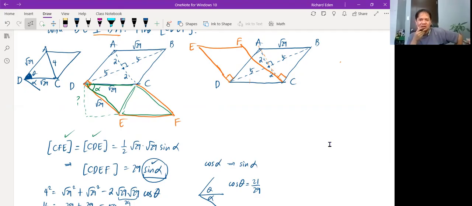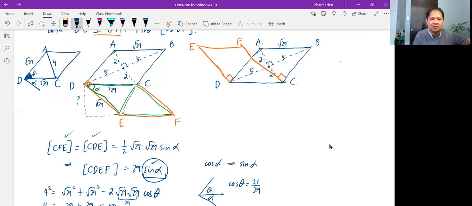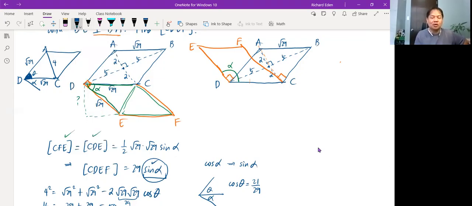So let's use the following labels. The alpha angle that we used is this one, for rhombus CDEF, the angle at D. And theta is the angle at D for the original rhombus.